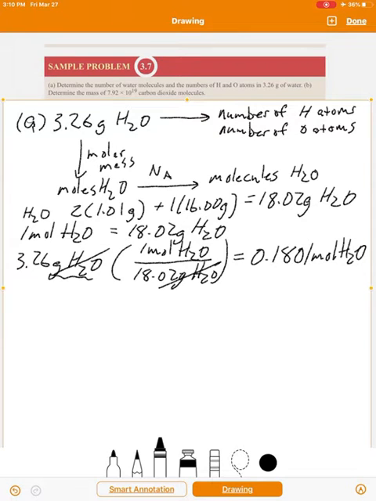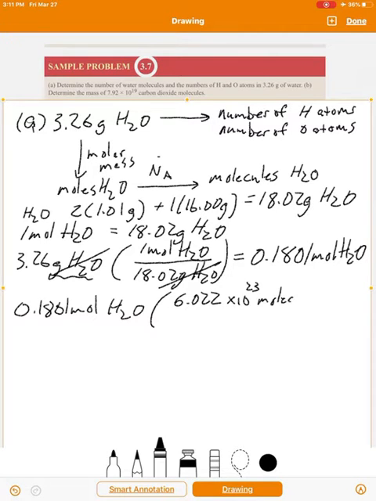Next step, we're going to convert moles of water by using Avogadro's number to convert that to molecules of water. Avogadro's number is 6.022 times 10 to the 23rd. Okay, so 0.1809 moles of water. And then we're going to multiply it by Avogadro's number. Same thing we just did in sample problem 3.5. In this case, it's molecules.